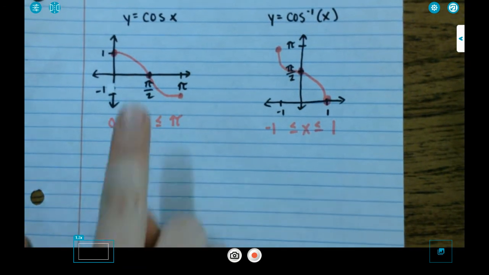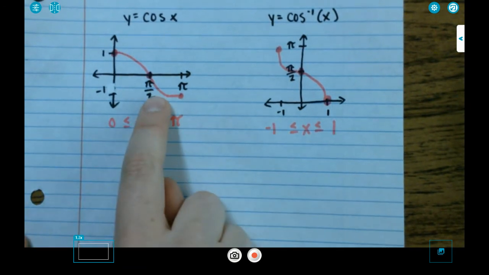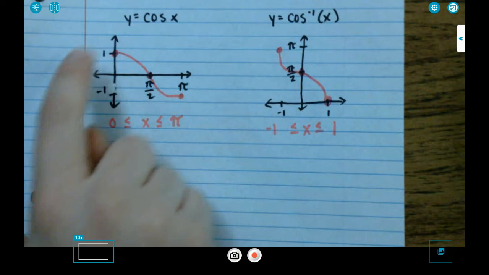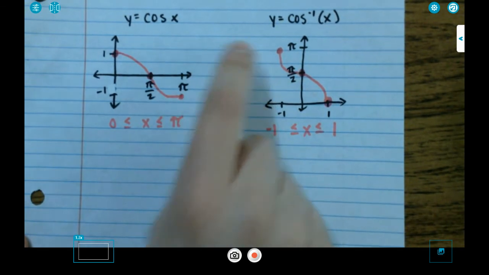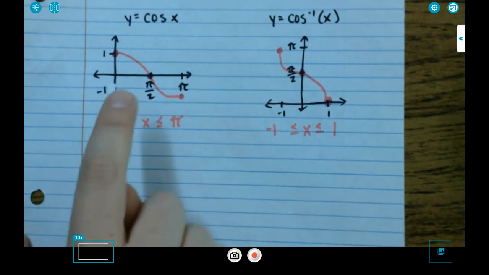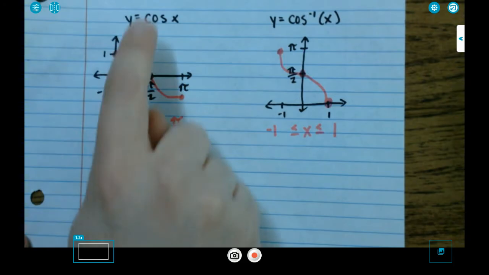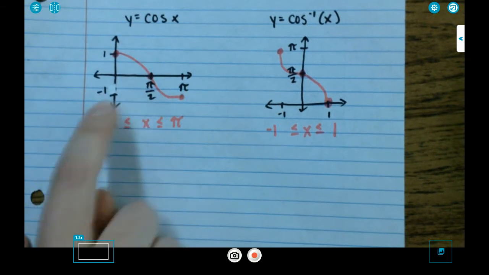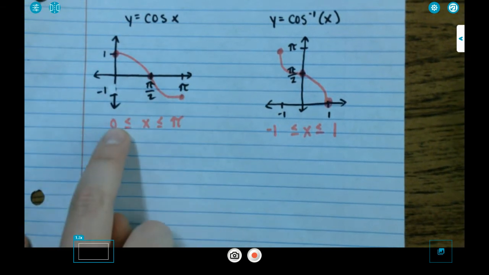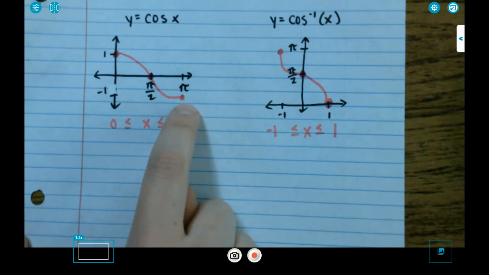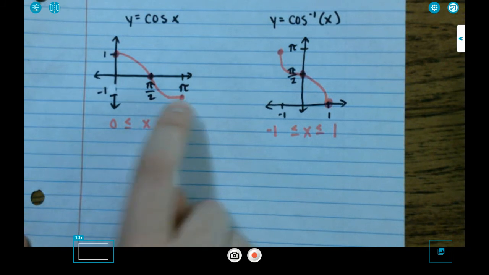Okay, so this is a graph of cosine, just half of a period, because we can't do a whole period. If we did a whole period, we wouldn't be able to find an inverse because it's not one-to-one. So we can only do something that a vertical line can cross and a horizontal line can cross. So we choose to go from 0 to pi because all of our different values are seen once.